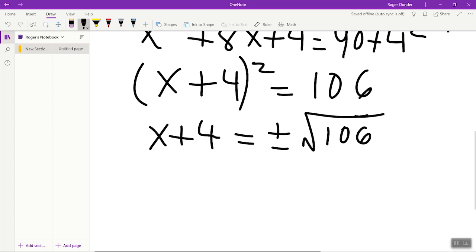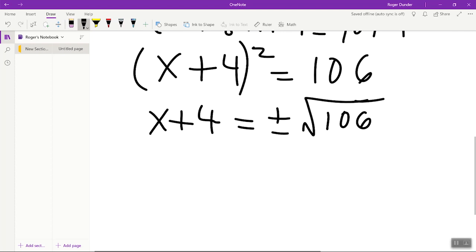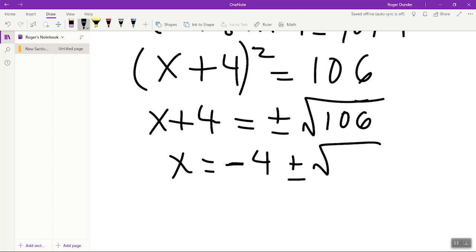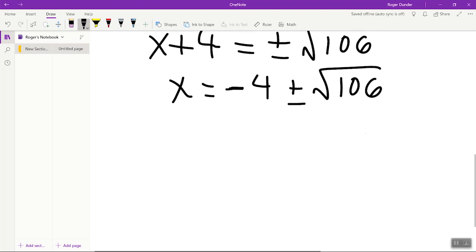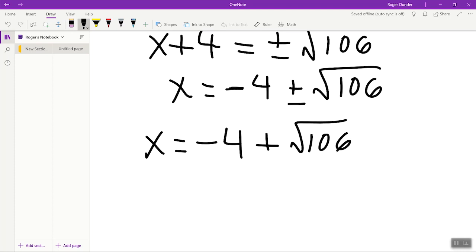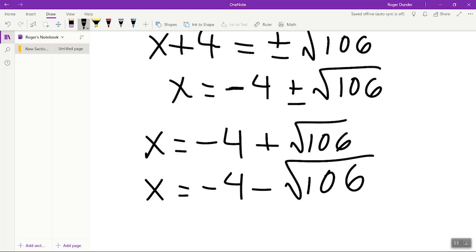So we have two possibilities for x. x is equal to negative 4 plus or minus the square root of 106. So x is equal to minus 4 plus square root of 106, or x is equal to minus 4 minus the square root of 106.